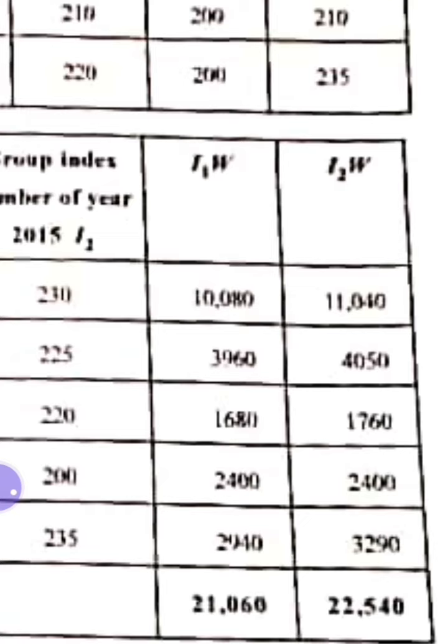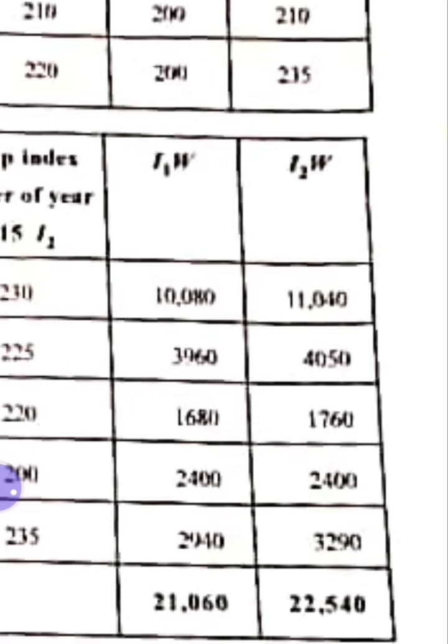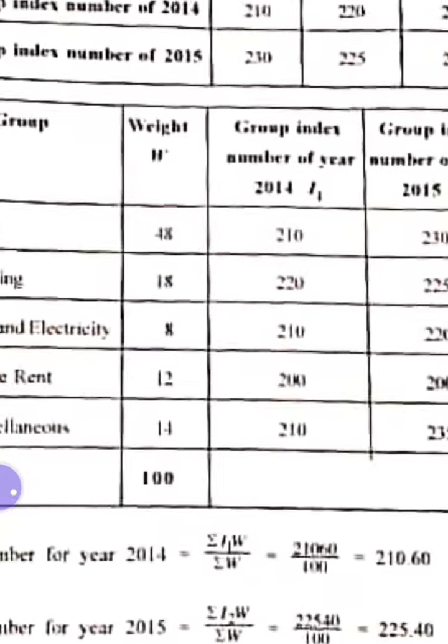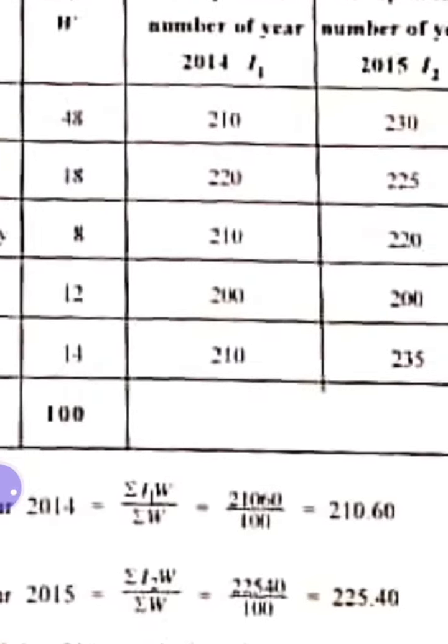For house rent, 12 multiplied by 200 gives 2,400. For miscellaneous, 14 multiplied by 235 gives 3,290. The total is coming up to 22,540.